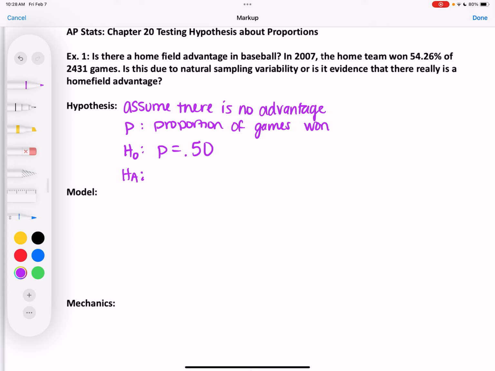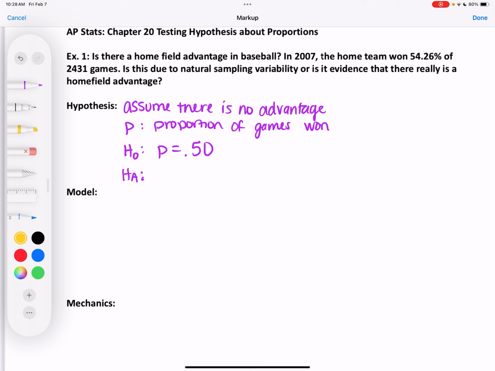So, like I said, there's going to be a specific phrasing or wording that causes us to know if we're doing a right tail, left tail, or two tail test. They said home field advantage, which, knowing just a little bit about baseball, would mean that you have to win more than you lose.